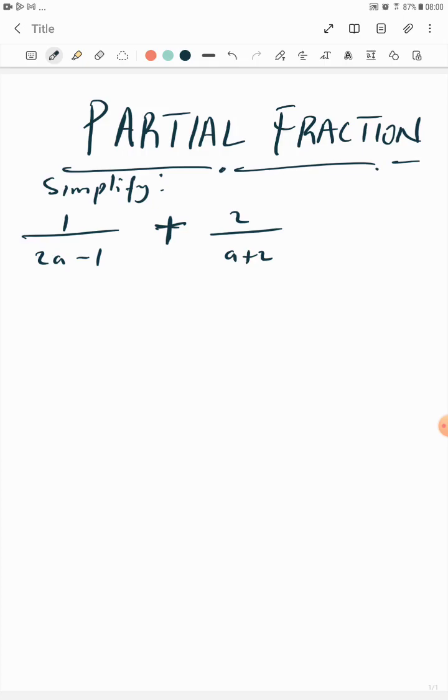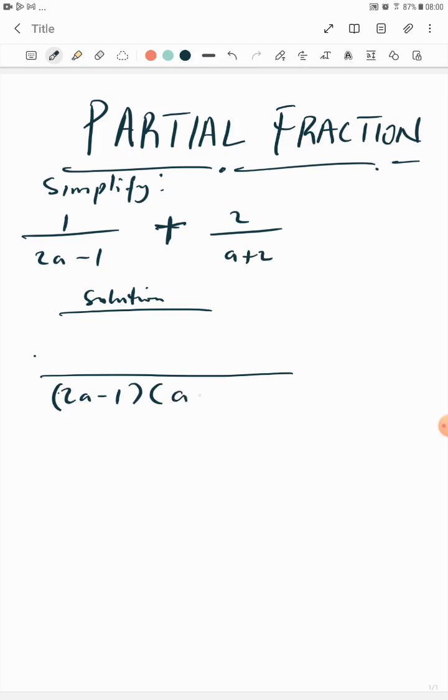To solve this, we find the LCM, which is 2a minus 1, and the other part of the LCM will be a plus 2.